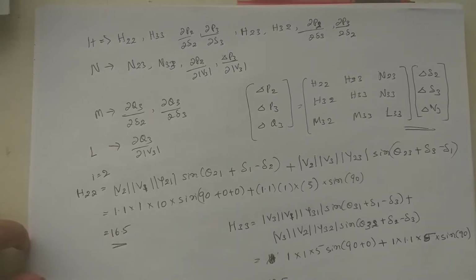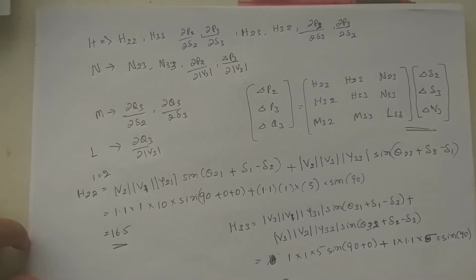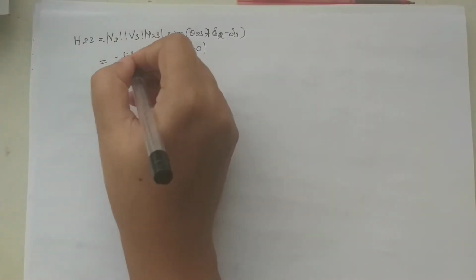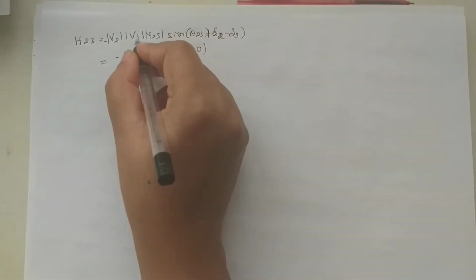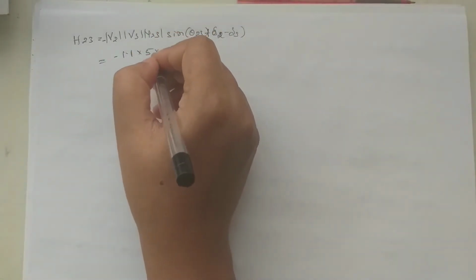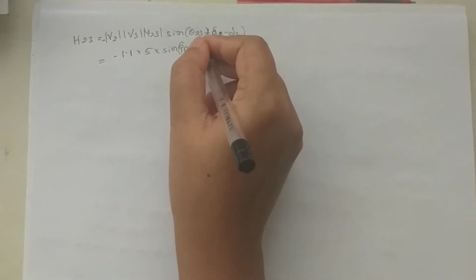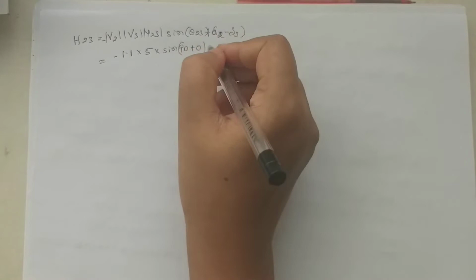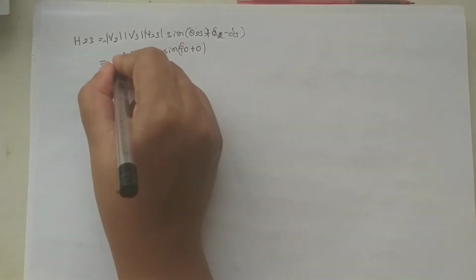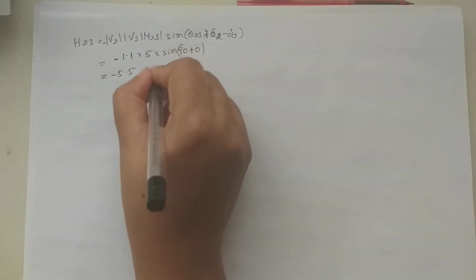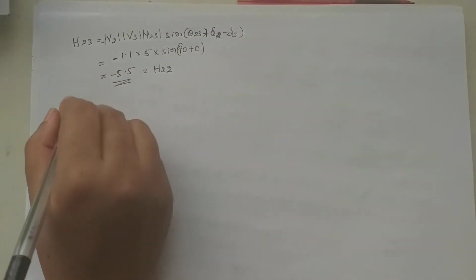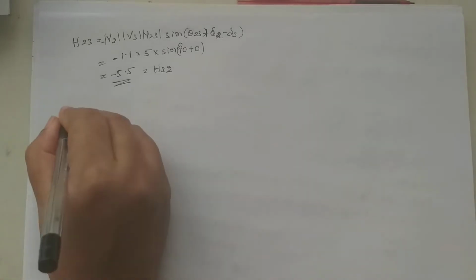Similarly we will calculate H23 and H32, both are equal. Here V2 is 1.1, V3 is 1 and Y23 is 5, sin theta 23 is sin 90, and delta 2 and delta 3 are 0, so with a minus sign we get minus 5.5. Similarly H32. Now let us calculate the value of matrix N.